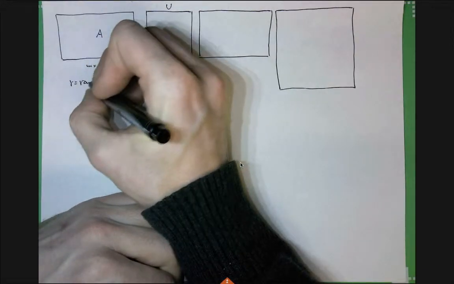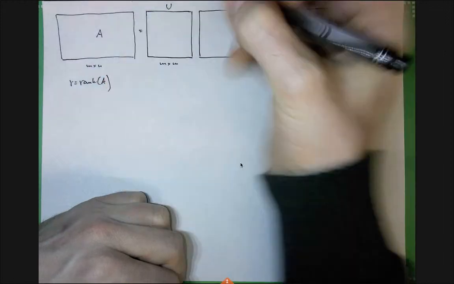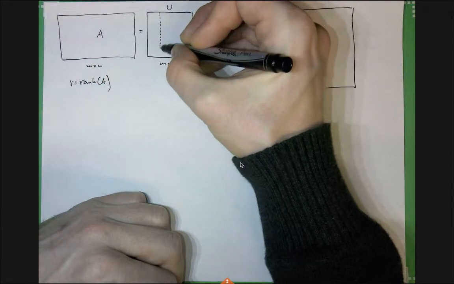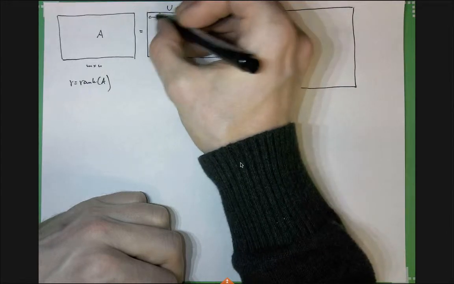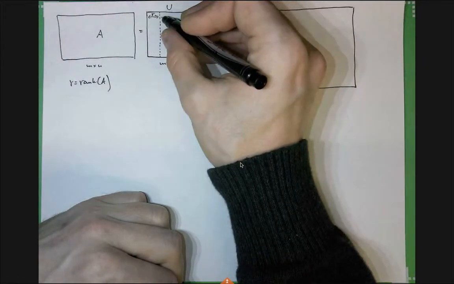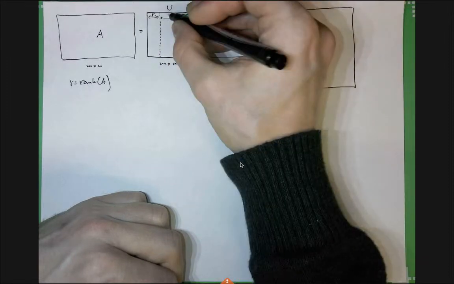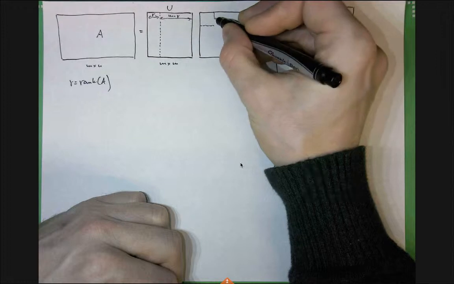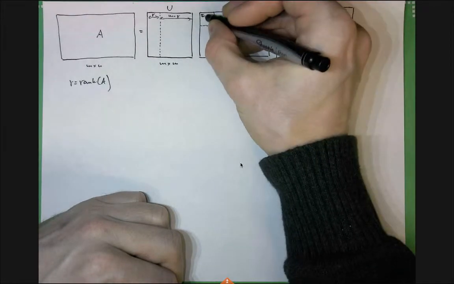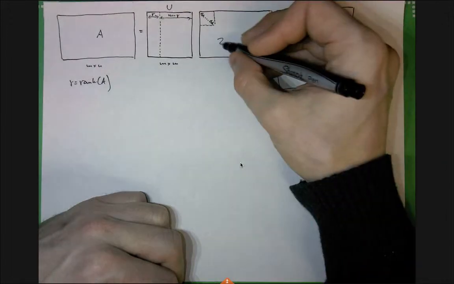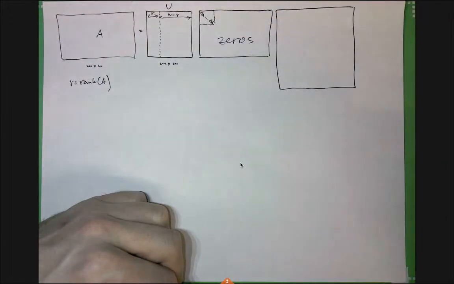And if I say that R is the rank of A, then I can split this U in the first. So this is size R, and this is of course size M minus R. Here is the non-zero portion here. Here's the sigma 1 to sigma R. Rest is completely empty.